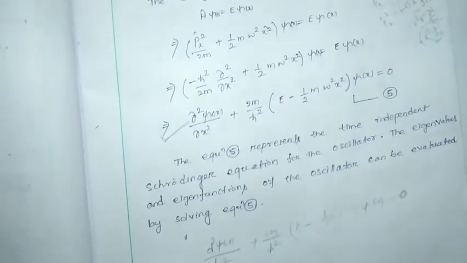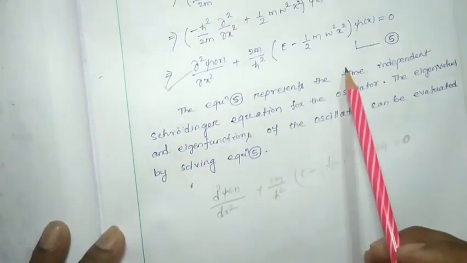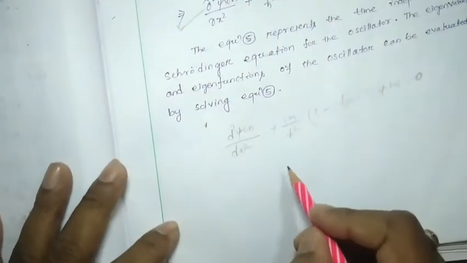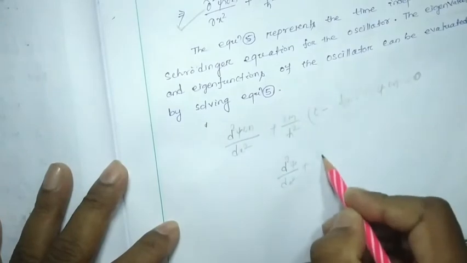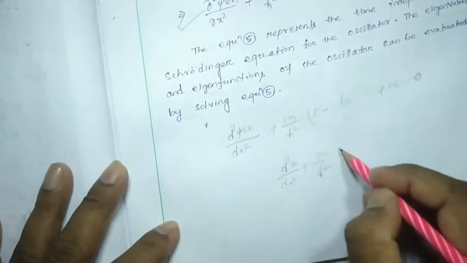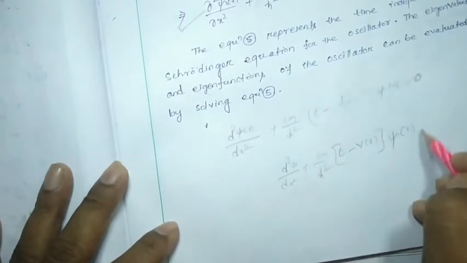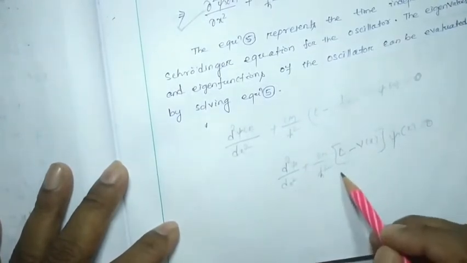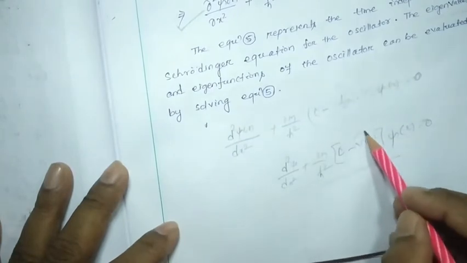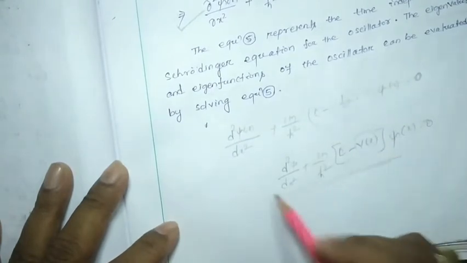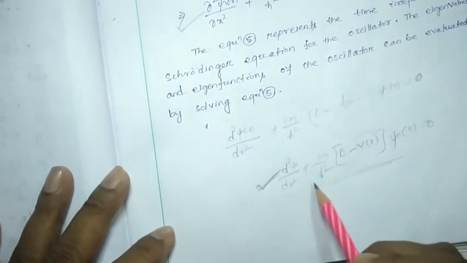Now recall the time independent Schrodinger equation. What is the time independent Schrodinger equation? d square psi dx square plus 2m by h cross square times E minus V x, psi, is equal to 0. Whenever a particle is moving in a time independent force field, this is the one dimensional Schrodinger equation.